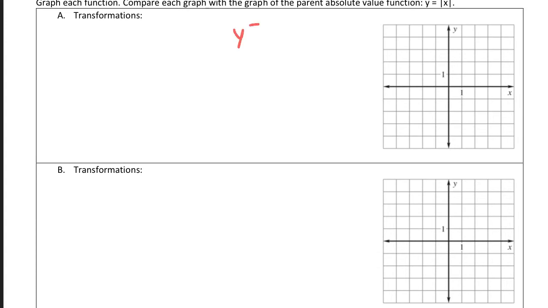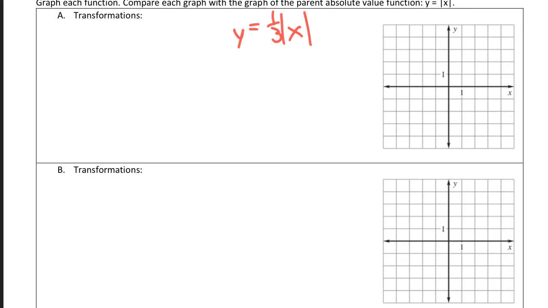Our first function is y equals 1/3 x. Okay, so we have 1/3 times the absolute value of x. So what we are going to do is we are going to first talk about how it's being transformed, and we are going to graph the parent function and our transformation.